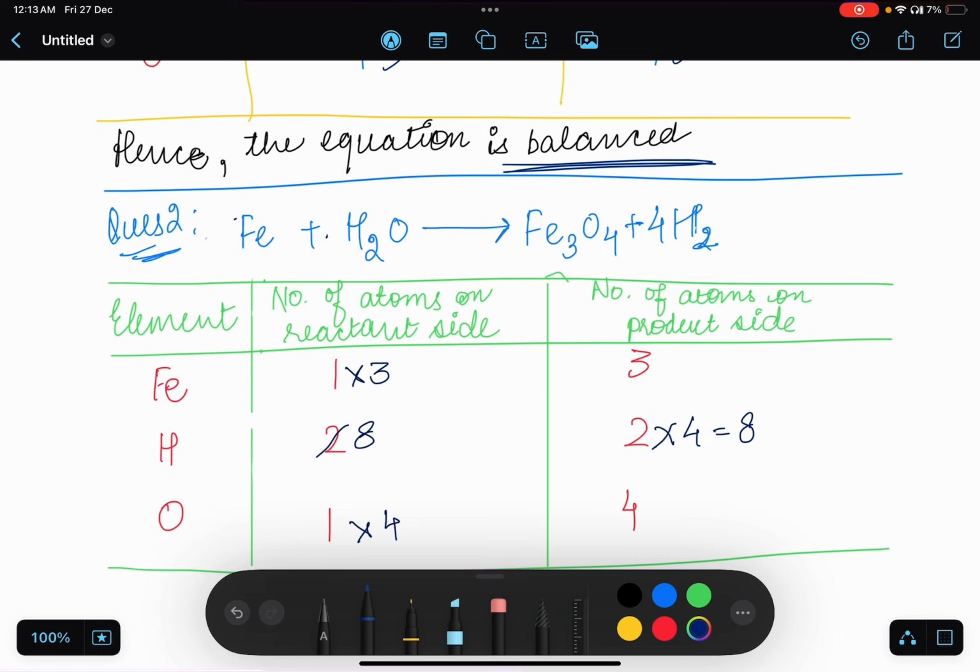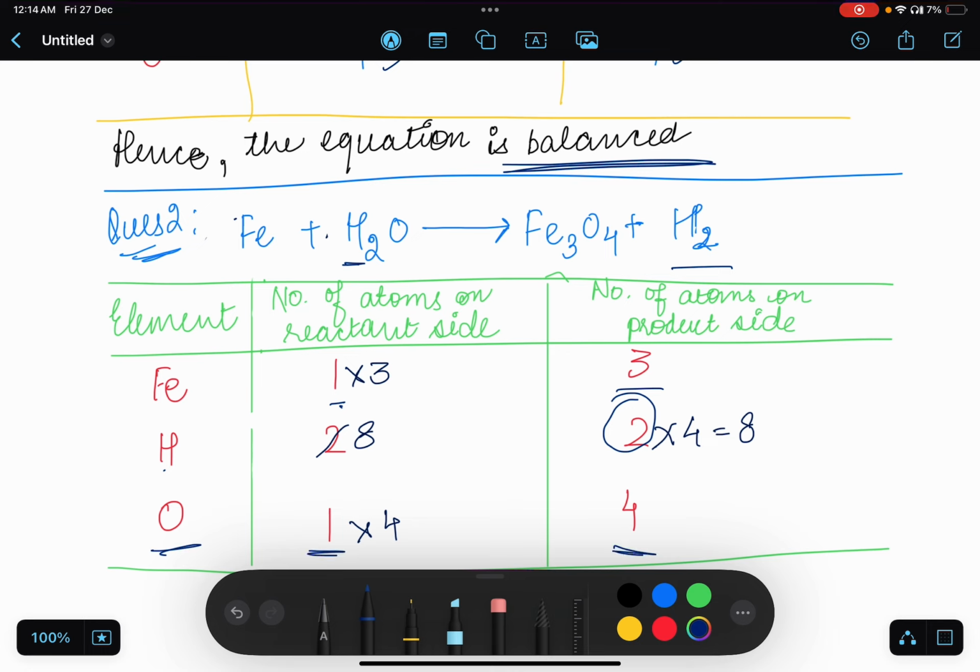So in the original state we have the number of atoms as 1 for Fe on the reactant side and 3 for Fe on the product side. Okay, this was the equation given. So here hydrogen is 2, oxygen here we have 1, and here we have 4.